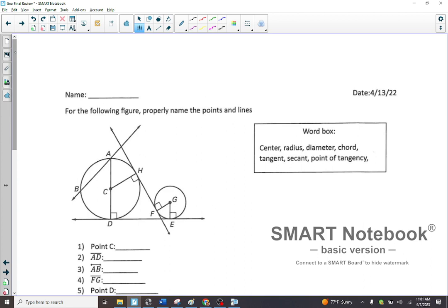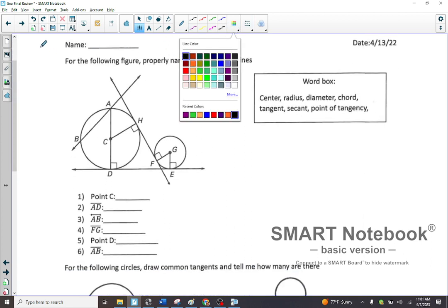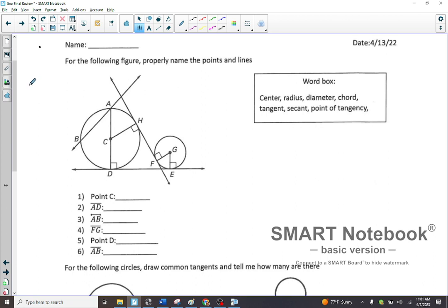Random blank page. All right, labeling stuff. This one, you don't have a word box, but it's multiple choice, so you only can choose out of the options, I guess. So in this situation, we got to name these correctly. Point C in this case is a center.